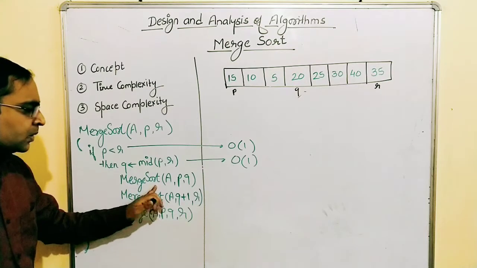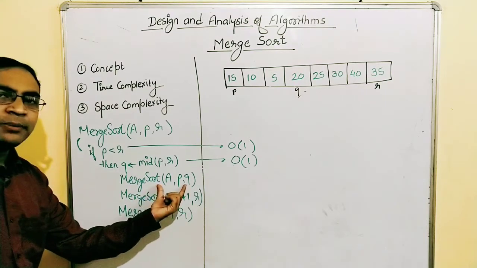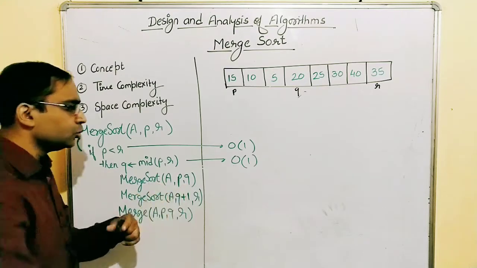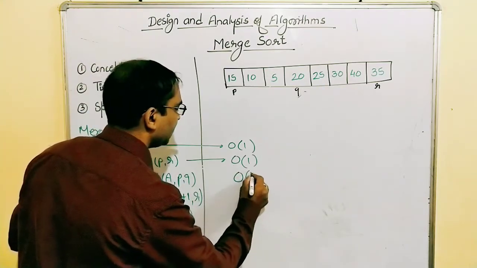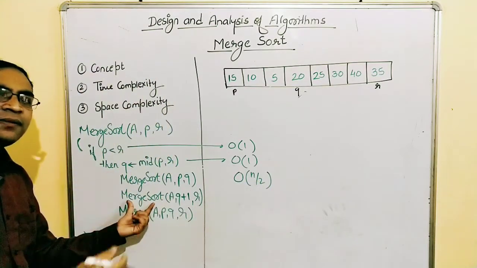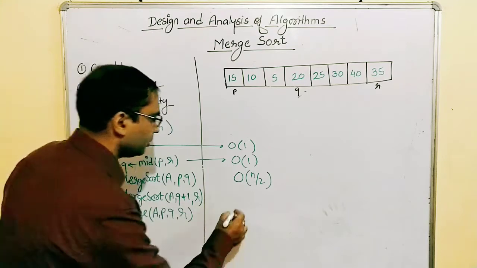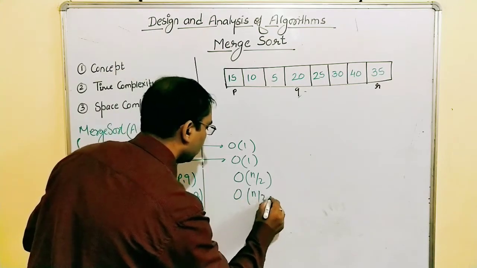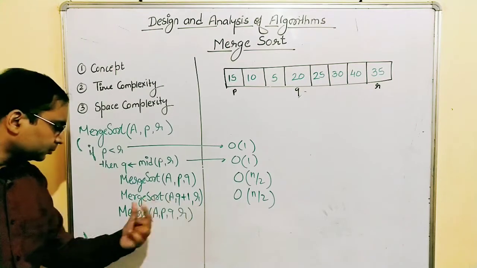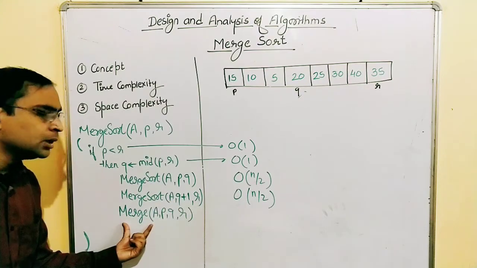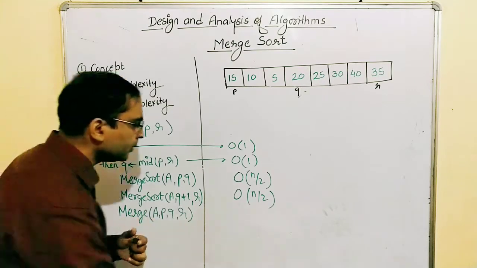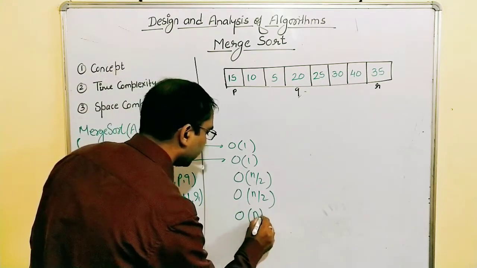Now in the merge sort, we are performing a recursive call on the half of the elements, so that is n upon 2. Then again this is the right half, so this will be order of n upon 2 again, because here we are sorting the other half. And lastly, this is a merge operation. That means we are merging all the n elements together, so this will be of order of n.